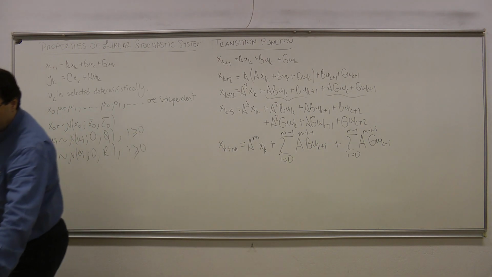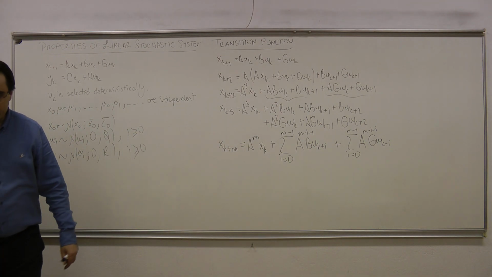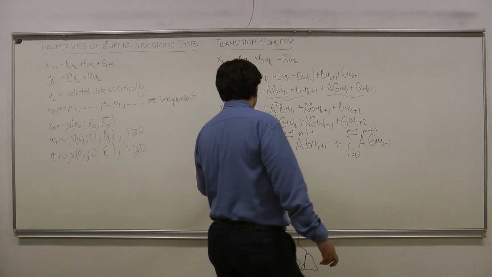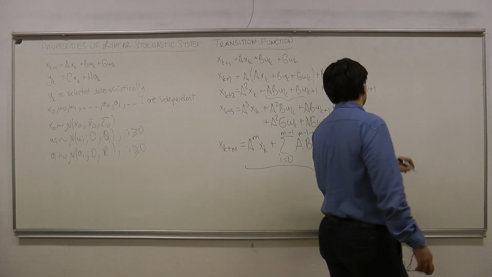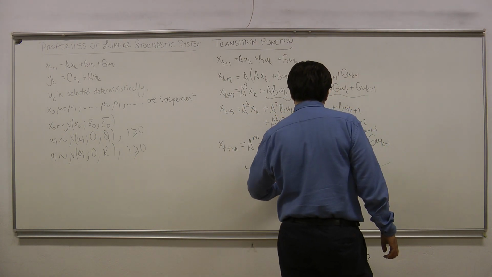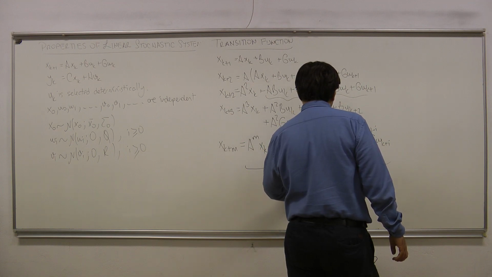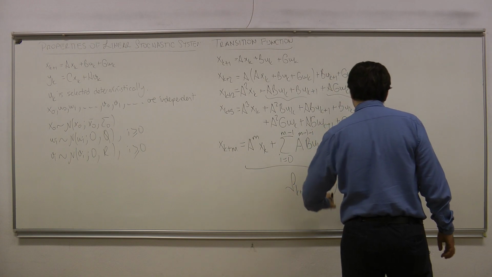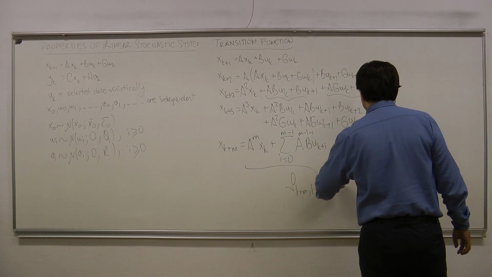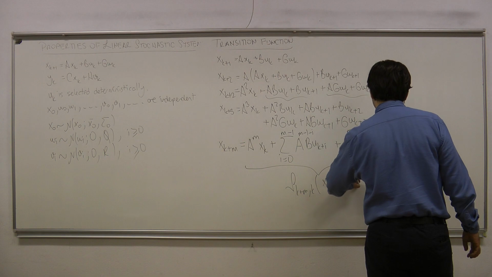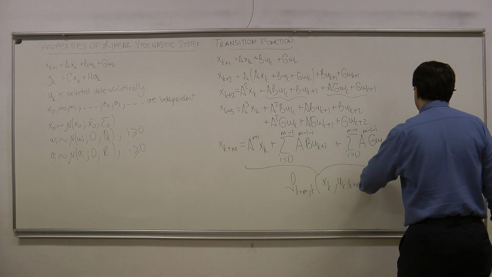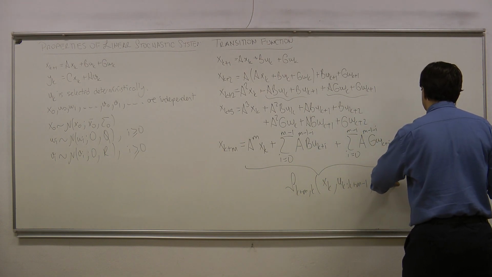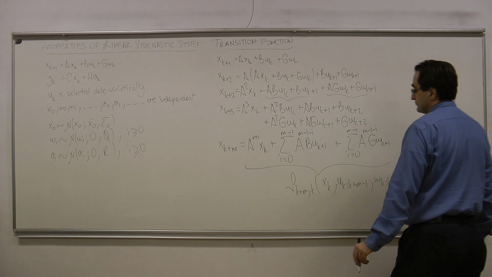Okay? So the right-hand side here is nothing but the transition function of the state. This is f from k to k plus m. It's a function of x_k, and I have u from k to k plus m minus 1 and w from k to k plus m minus 1. Okay?